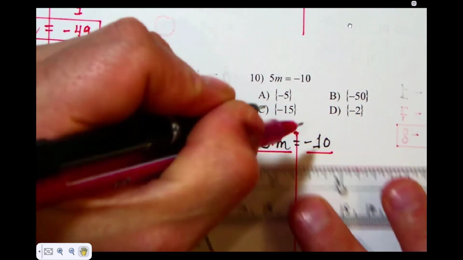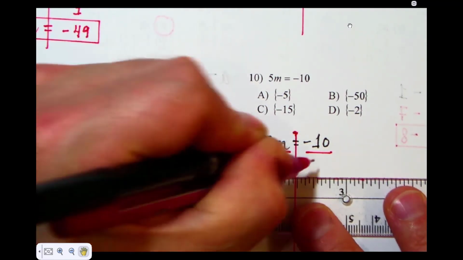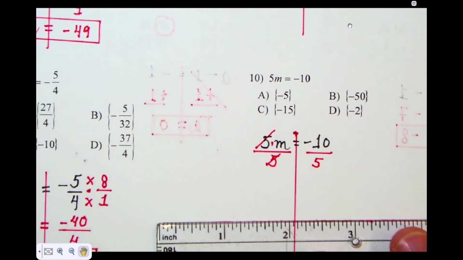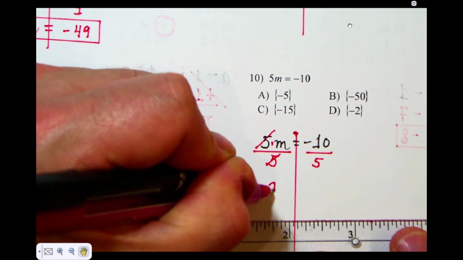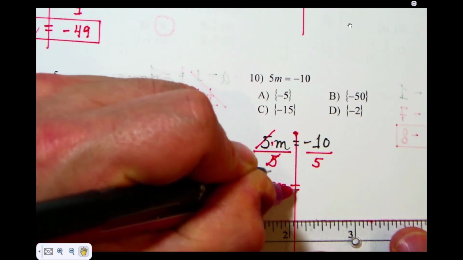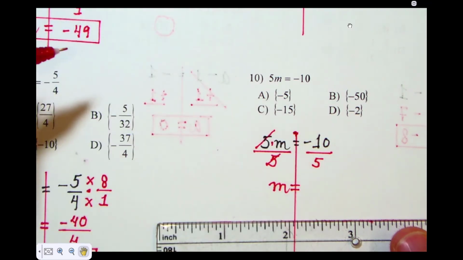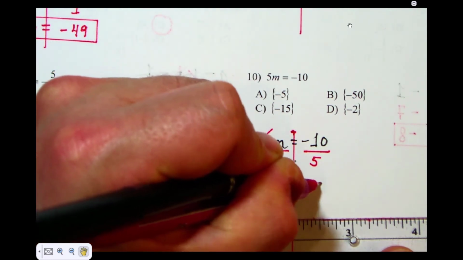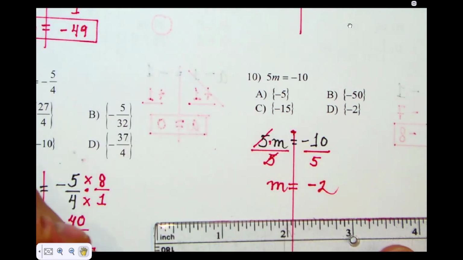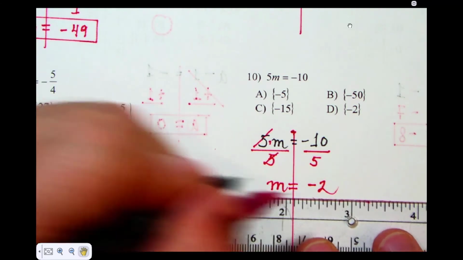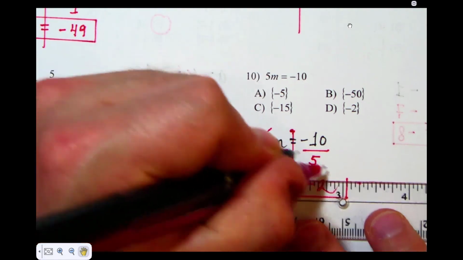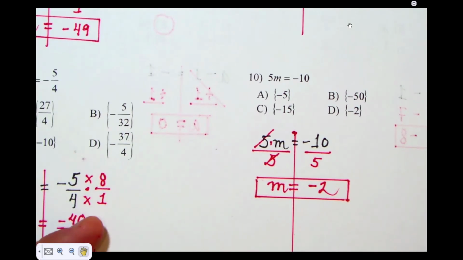So we're going to divide both sides by 5. Cancel, cancel. M equals negative 10 divided by 5 is negative 2. Boom. Put that in a box. And move on to the next problem.